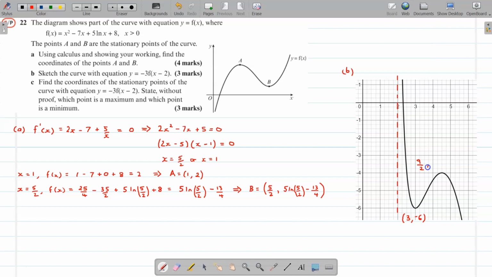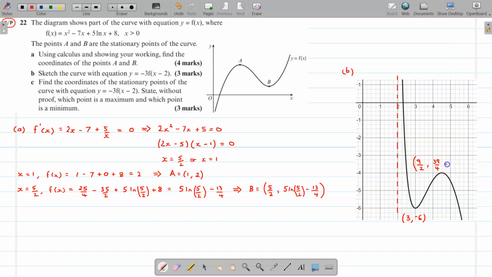That's the x coordinate. Now the y coordinate is going to be this thing here multiplied by 3, but changed into a negative. So if I take the 13 over 4, that becomes 39 over 4, and it becomes a positive, so I could put it at the front. 39 over 4.